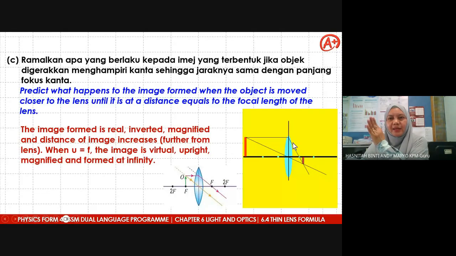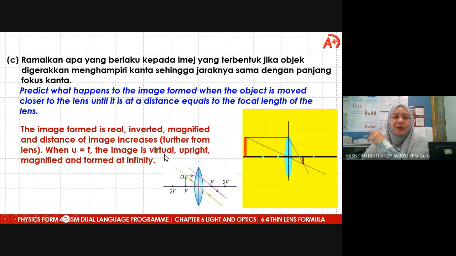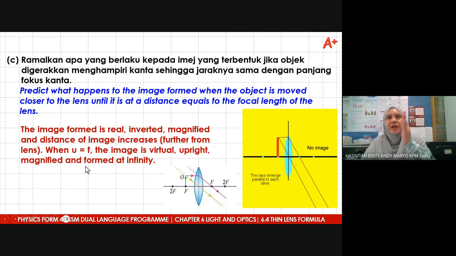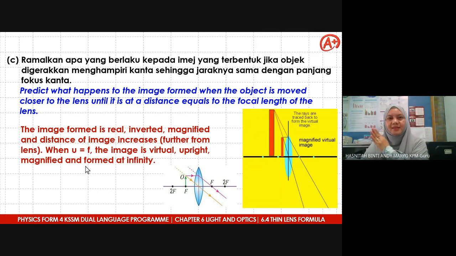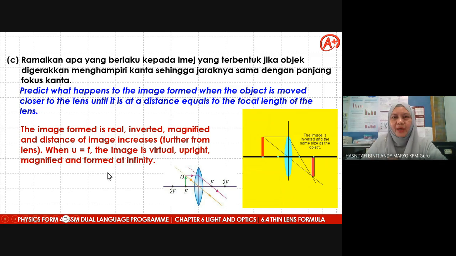And finally, when it reaches F, as shown in this GIF, no image is produced, which means the image is formed somewhere up here at infinity with the characteristic of virtual, upright, and magnified. So these are the changes in the characteristics of the image when we move the object closer towards the lens, from a distance between F and 2F until it reaches a distance equal to F.